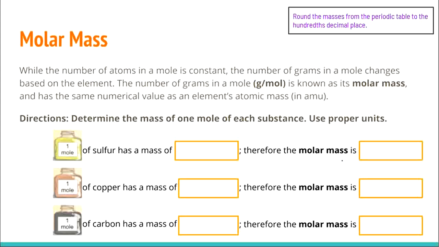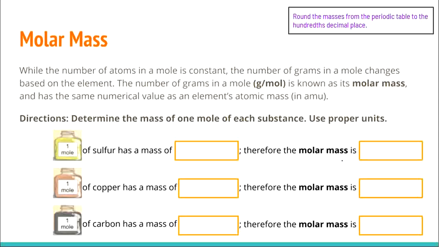So the number of atoms in a mole is constant, but the mass is different. The number of grams in a mole is known as its molar mass. The units are grams per mole. That many grams equal to 1 mole. And it has the same numerical value as an element's atomic mass, which we learned previously as the average atomic mass with the units of AMU.